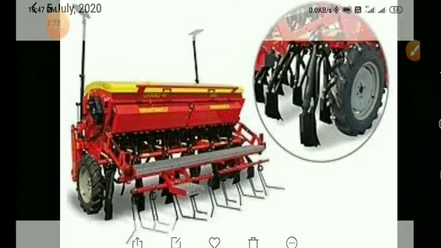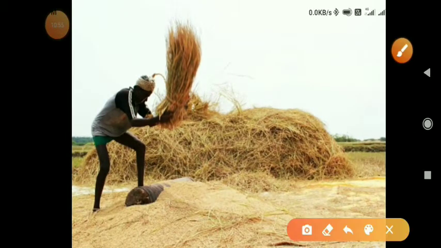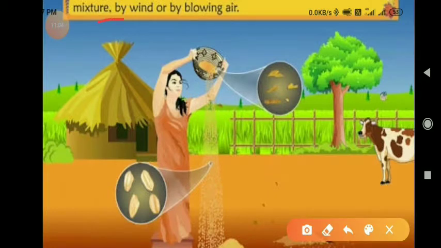See, this one is threshing, and this one is winnowing. See the mixture separated by wind and by blowing the air. So this is the winnowing process.